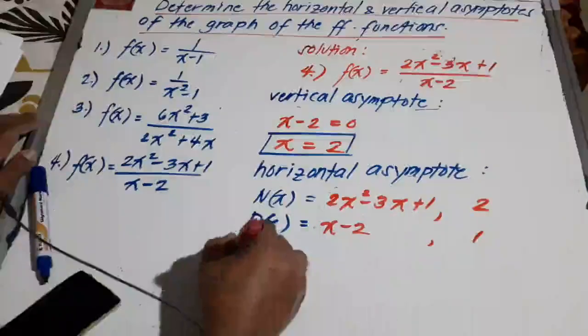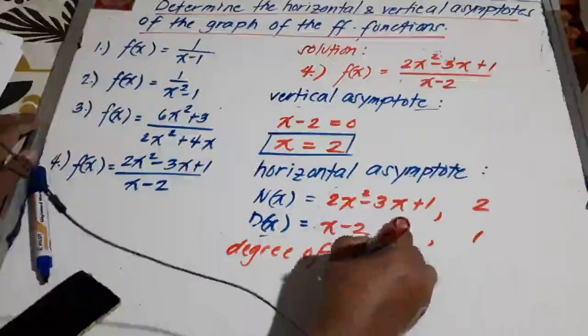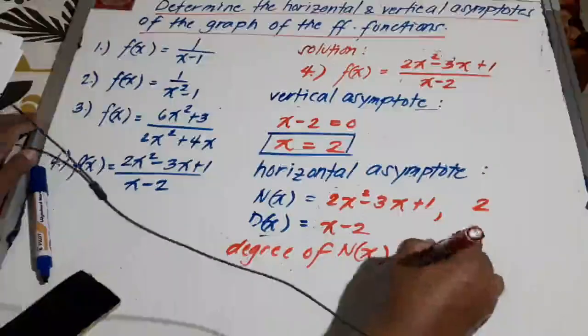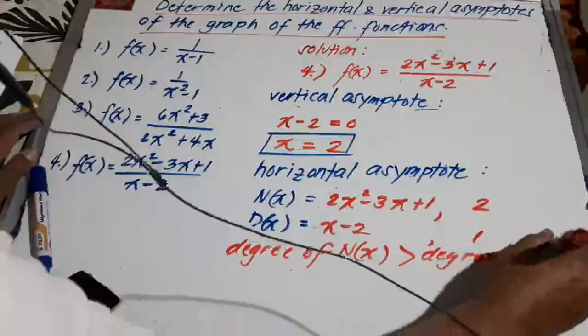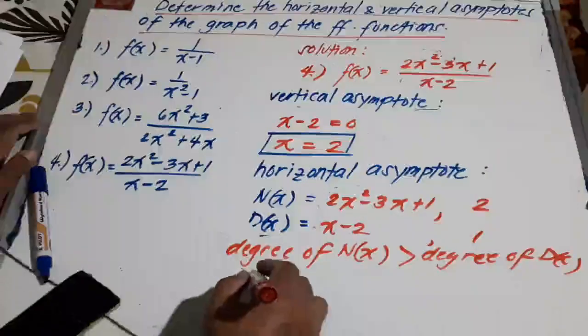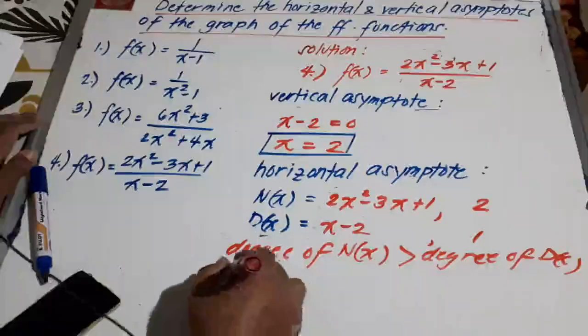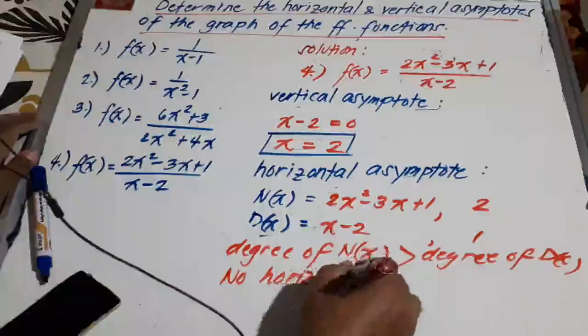So, the degree of n of x is greater than the degree of d of x. Anong ibig sabihin nun? There is no horizontal asymptote.